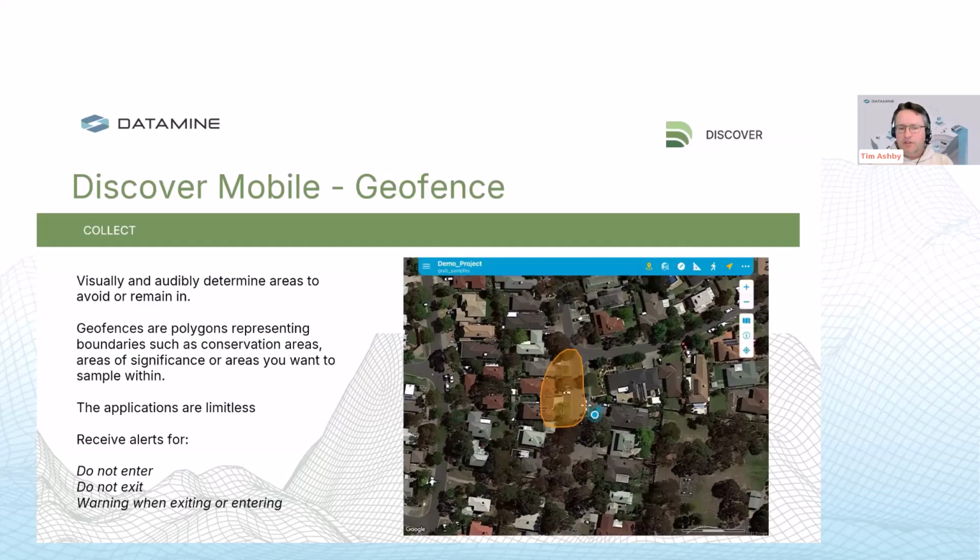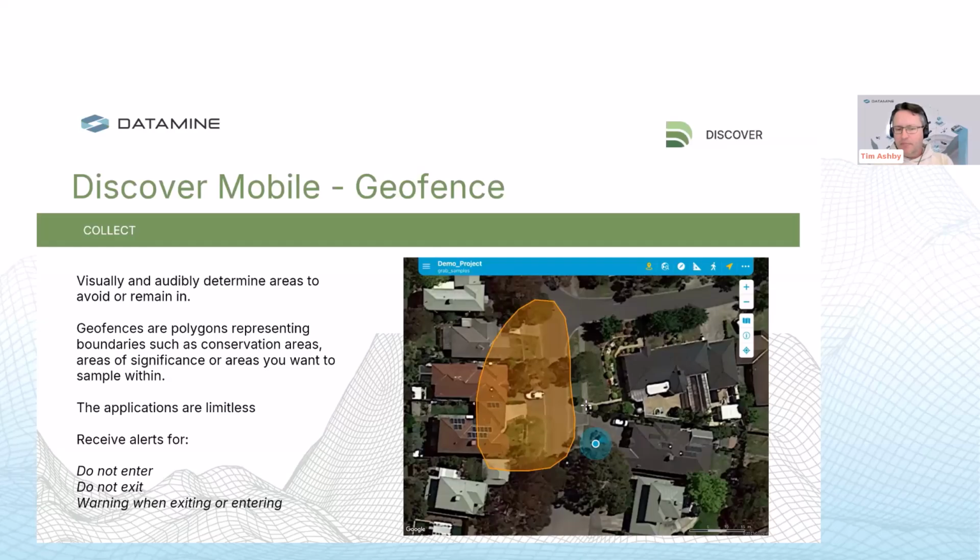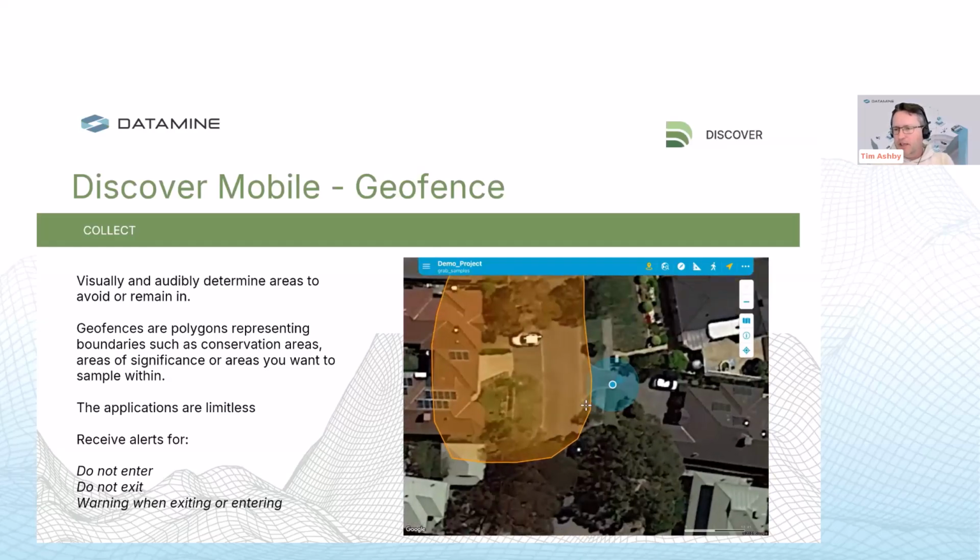And we've got the ability to have do not enter, do not exit, and they're persistent. So you'll see here in this example on the video that as I enter that geofenced region, I get, and you won't hear the noise, but there's a loud noise, there's a flashing, and that remains until you get out of that area. And the final one is there's a warning when exiting or entering.